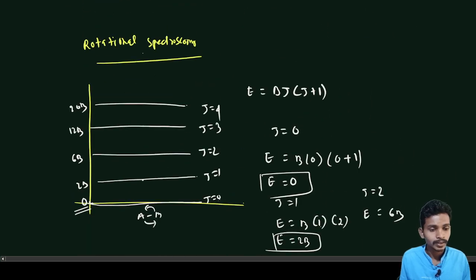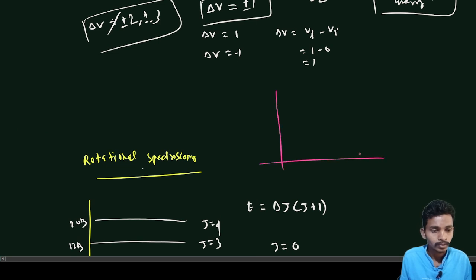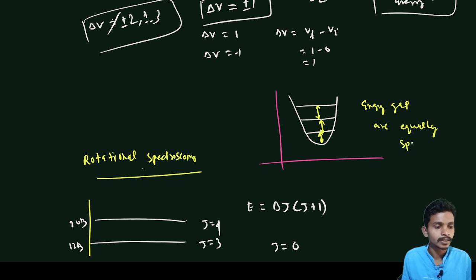It means I can say that these energy gaps are always equal, this gap and this gap, they are equally spaced, the energy gaps are equally spaced.